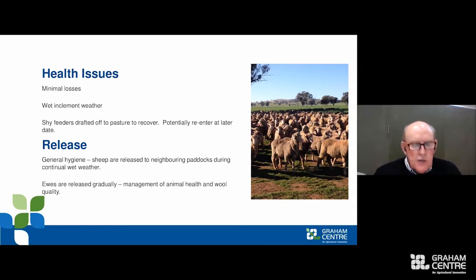The release of sheep. Sheep are let out into neighbouring paddocks during continual wet weather for general hygiene. When taking ewes out of the confinement lot, we do it as gradually as possible, taking into account animal health and wool quality. All ewes will come out of the confinement lots approximately 3 weeks prior to lambing.